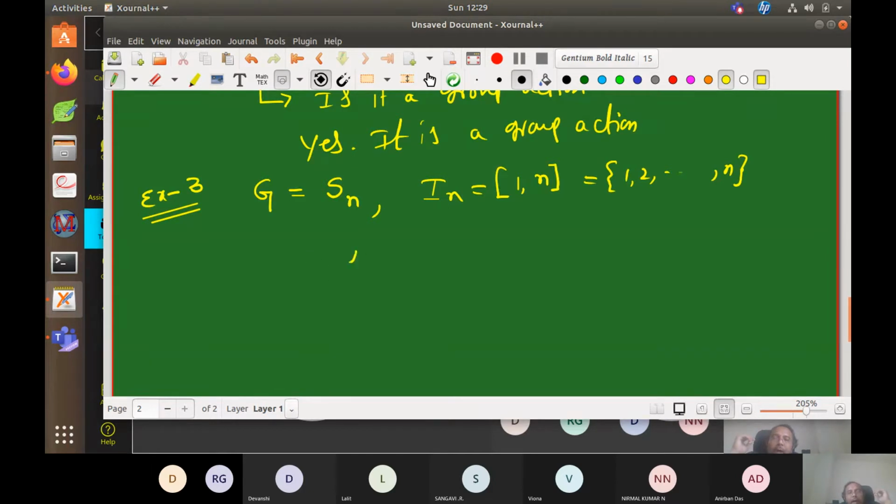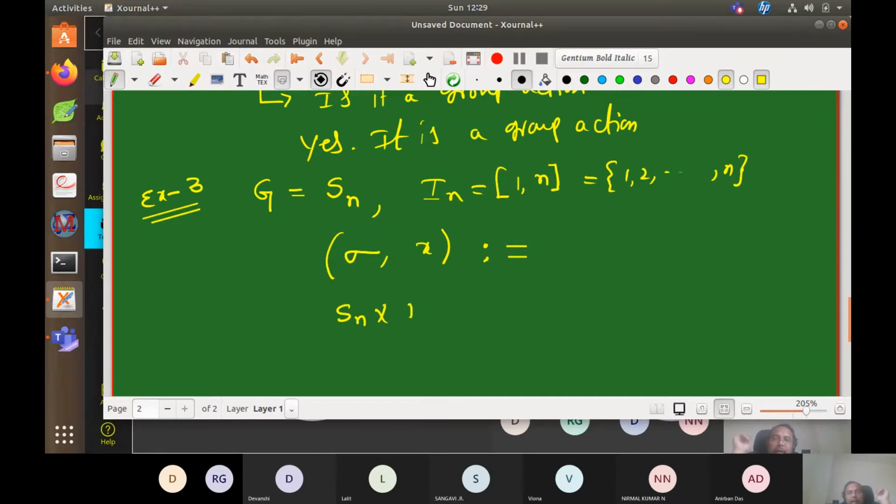That means I take sigma, an element of Sn, and I take an element x in In. Where can I take it? It has to be an element in In again.